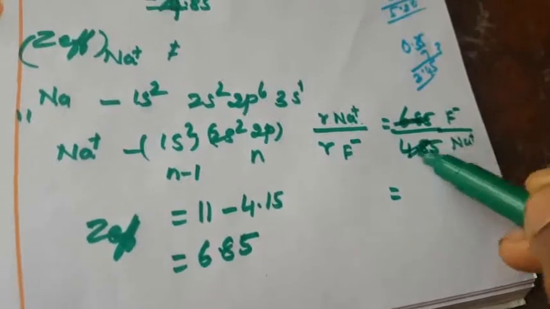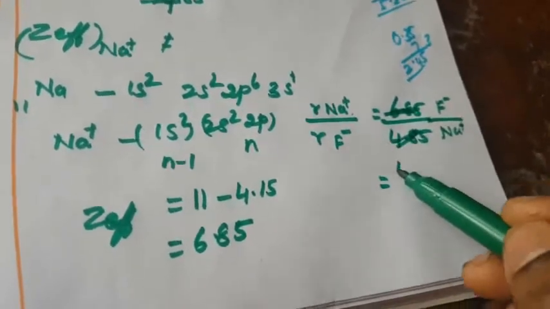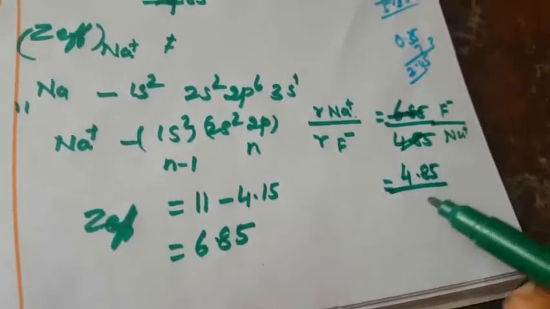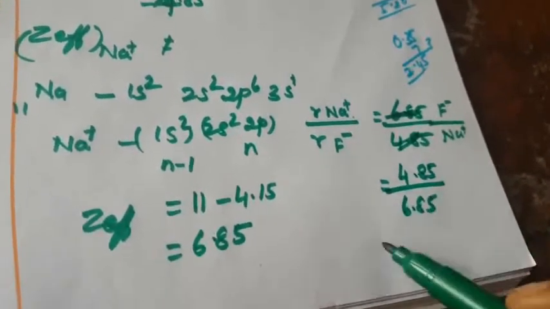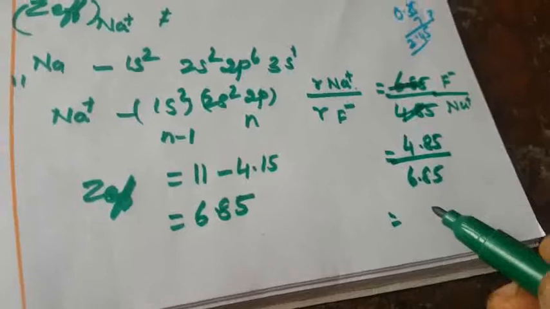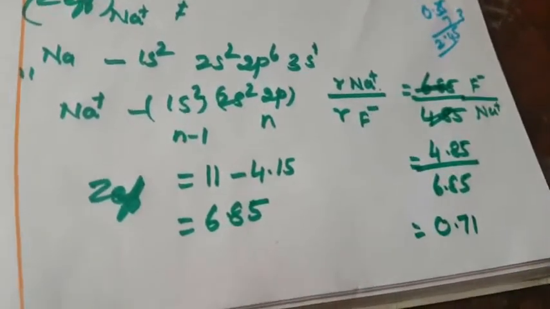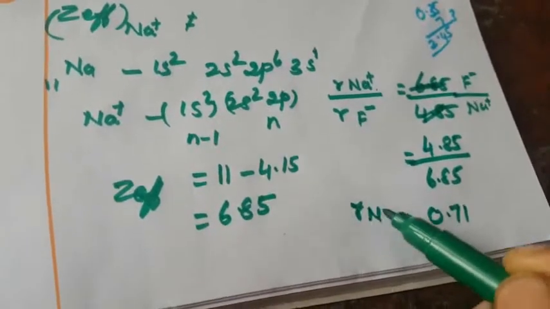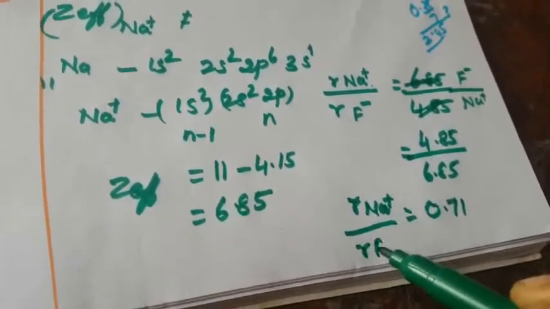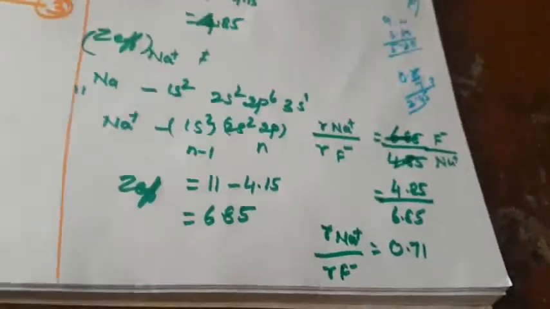What is the F minus value? 4.85. What is the Na plus value? 6.85. Simplifying, that is 0.71. So radius of Na plus to radius of F minus equals 0.71.